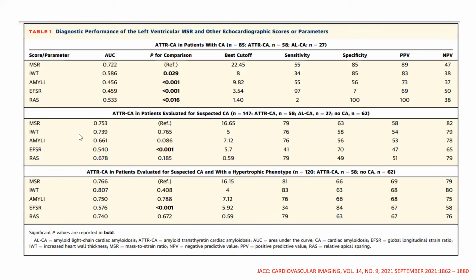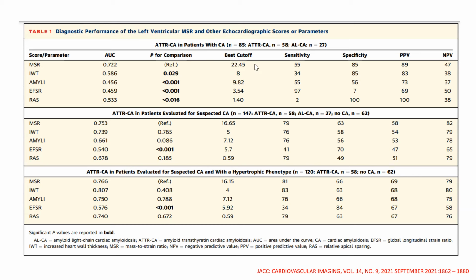These three tables give you an idea about the specificity of this score in identifying patients with amyloidosis. First one, identifying patients with ATTR cardiac amyloidosis. So we have a patient with cardiac amyloidosis, and we want to know if this patient really has ATTR cardiac amyloidosis, then we use this score.